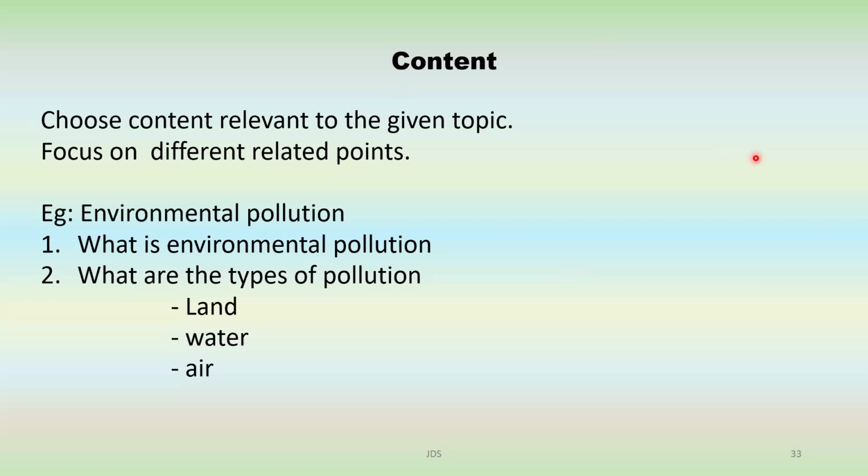Causes of pollution, yeah. Methods to overcome pollution or prevent pollution, right? So all those relevant topics should be included in this, according to this title. You can include all those possible subtopics.